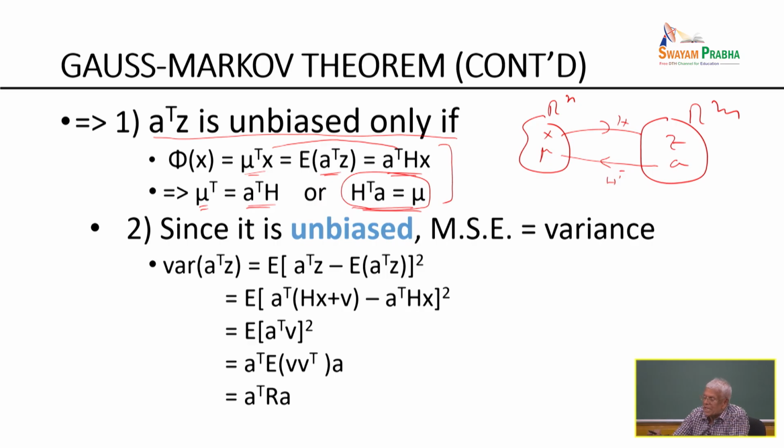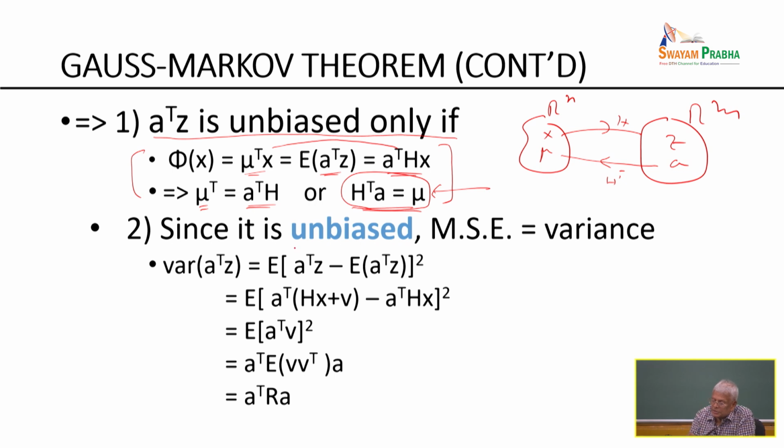So H transpose A must be equal to mu. H takes from Rn to Rm, H transpose takes from Rm to Rn. So this linear functional will be an unbiased estimate if and only if the constant vector A and mu I have chosen stand in a linear relation, namely mu must be a linear transformation of the vector A. So that's the first condition, the condition for unbiasedness.